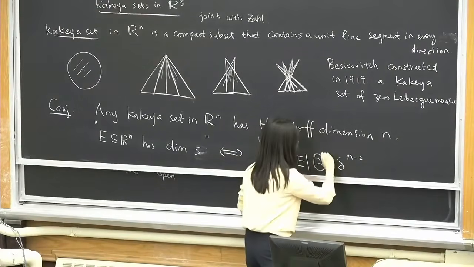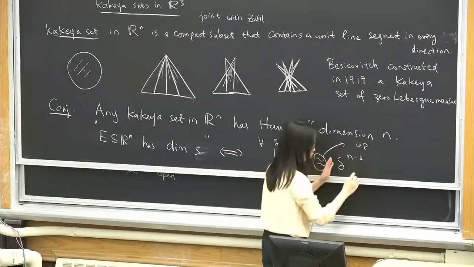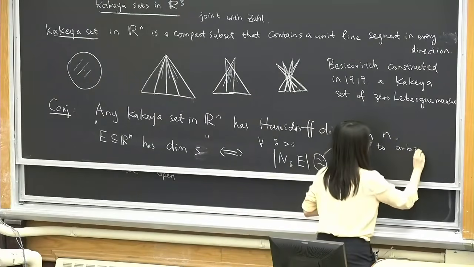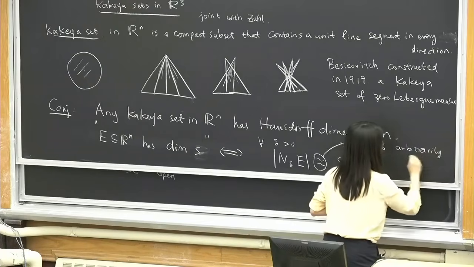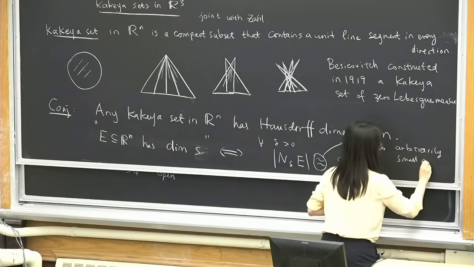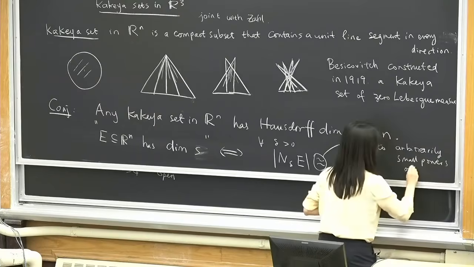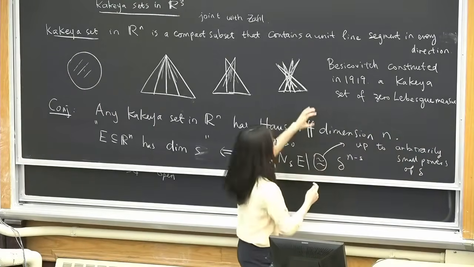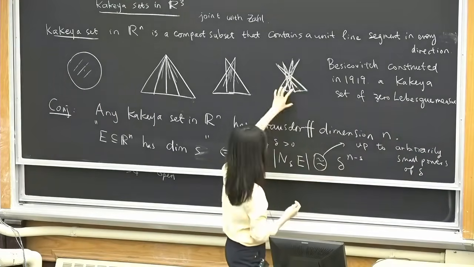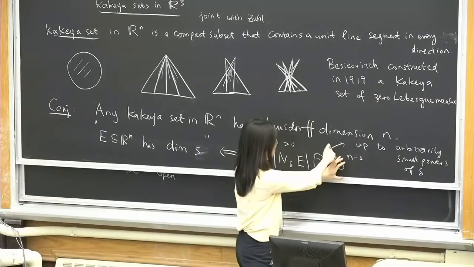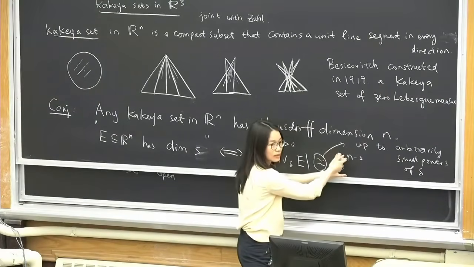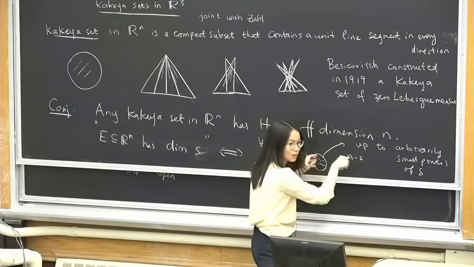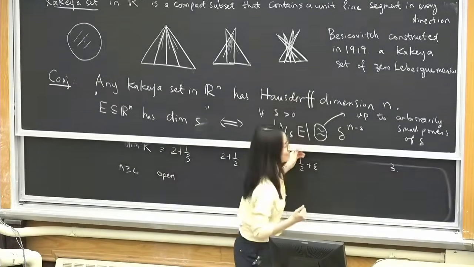What this means is, in reality, it should be up to arbitrarily small powers of delta. And in this spiky example, I think it's true if it's like 1 over log delta, something like that. But this 1 over log delta is absorbed in this approximate. Okay. Thanks for the question.